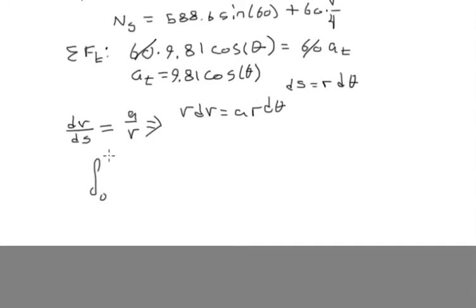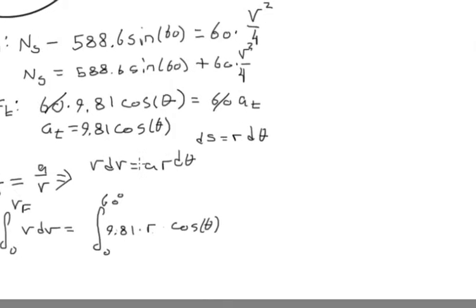So we integrate from 0 to v final of v dv, and that's going to equal the integral from 0 to 60 degrees of the tangential acceleration times radius d theta. I'm going to rewrite this whole expression, because we know the acceleration in the tangential direction is 9.81 times radius times cosine of theta.